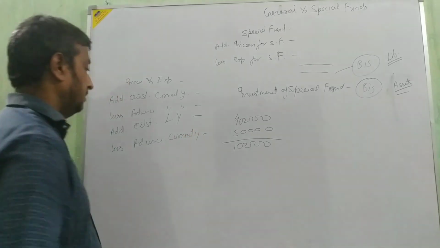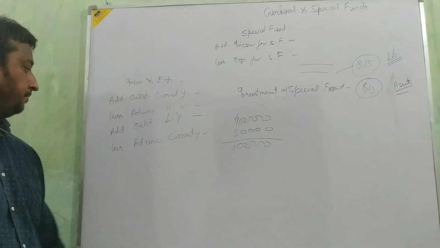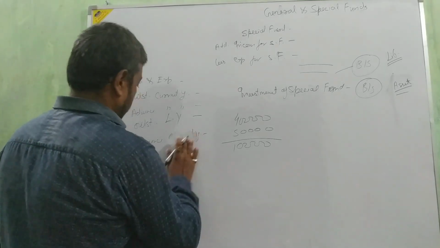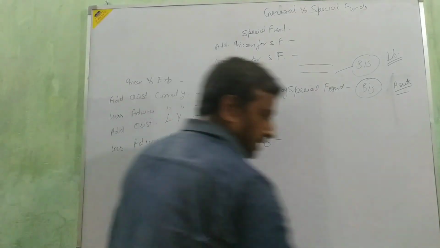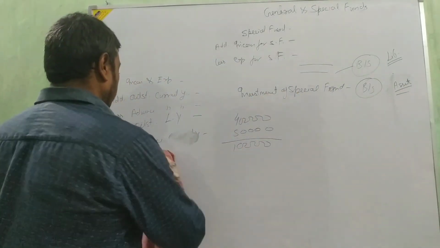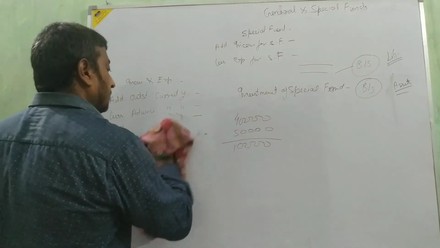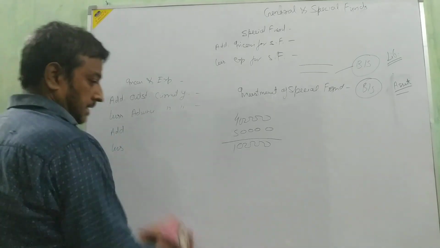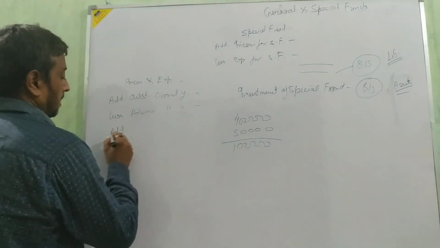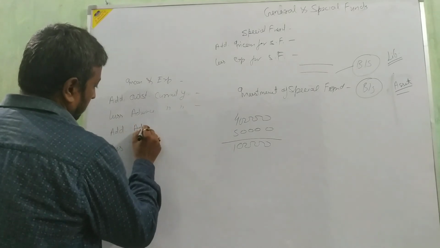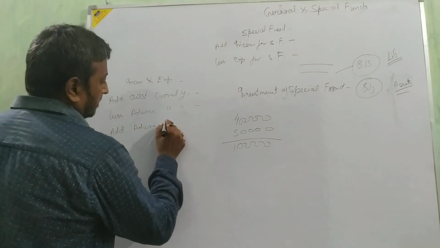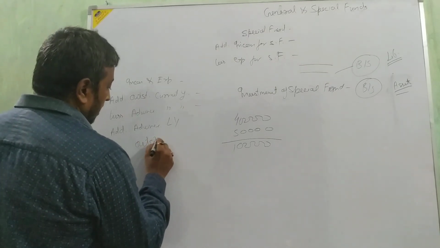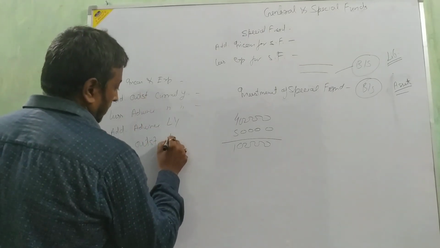Okay beta, wait. For income, add advance last year and less outstanding last year.